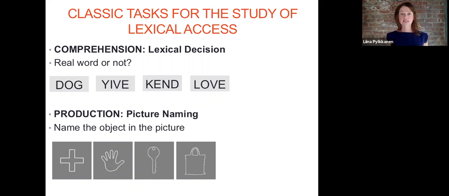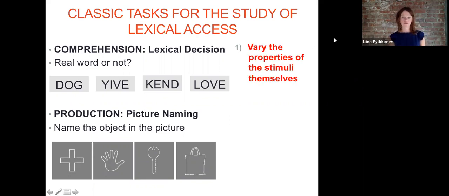And so then within these tasks, the kinds of manipulations that we would design basically fall into two classes. So on the one hand, we can manipulate or vary the properties of the stimuli themselves. So let's just say in this lexical decision task, we can present the subject with different types of words and then study the differences between those types.